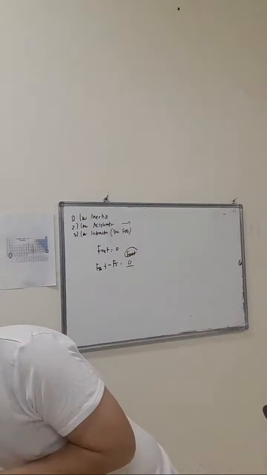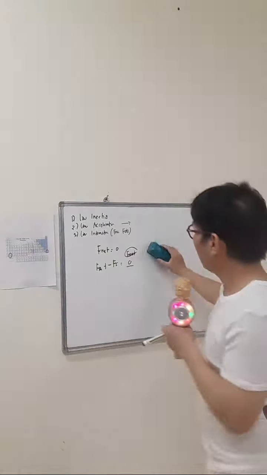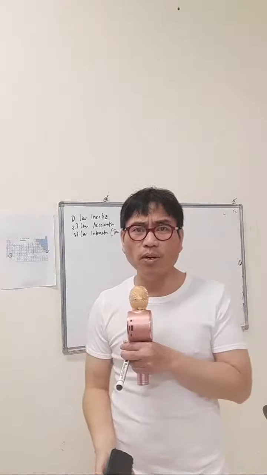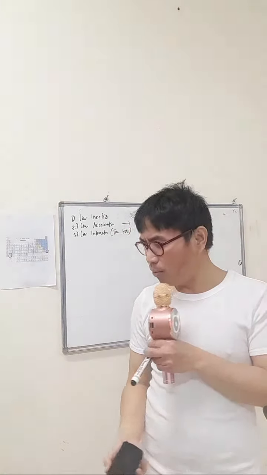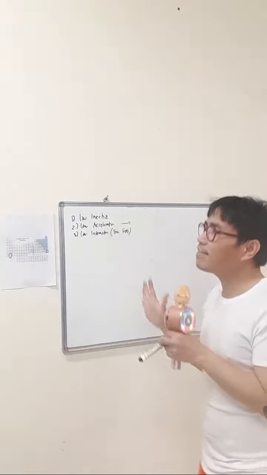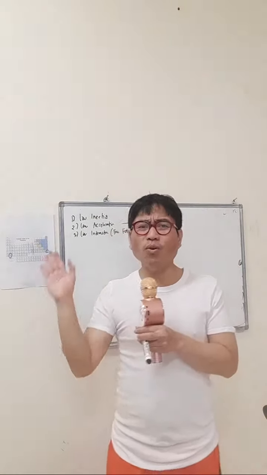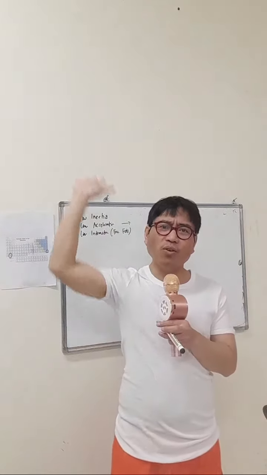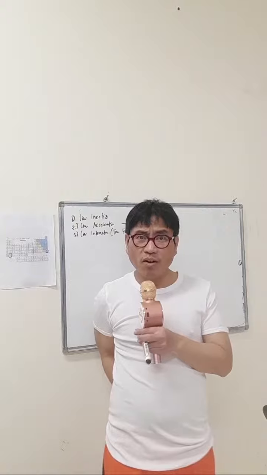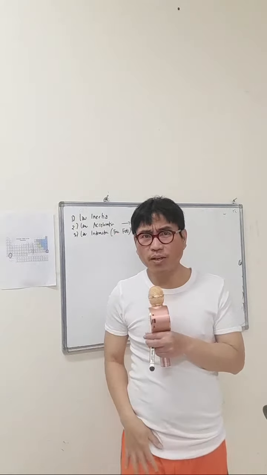The second concept: if your net force is greater than 0, then your car or the object will move. It takes a value of at least 1 above in order for your car to move. As long as there is a value, you get the point?